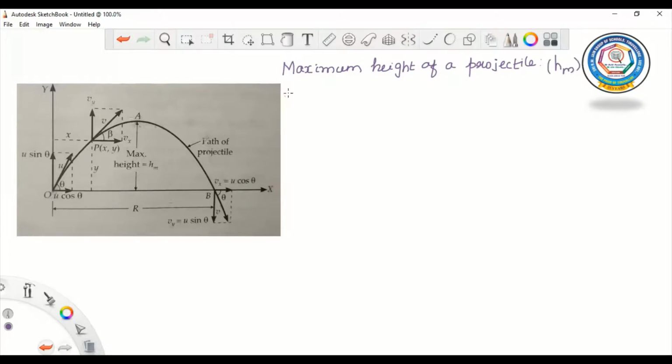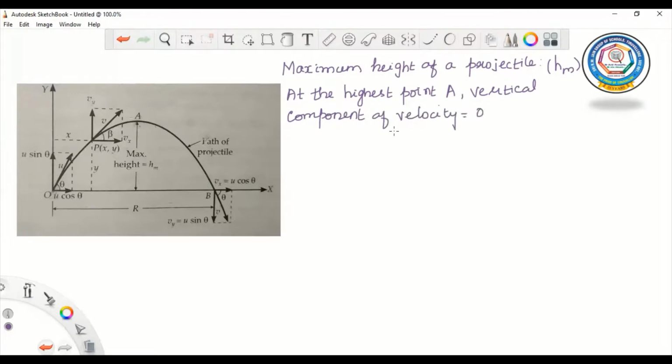In order to calculate this, once again we are going to consider at the highest point A, the vertical component of velocity is equal to 0, and here we are going to assume the third equation of motion, v square minus u square is equal to 2as. 0 minus u sine theta, the whole square, is equal to 2 into minus g into h max.